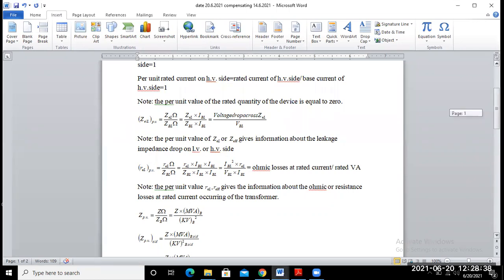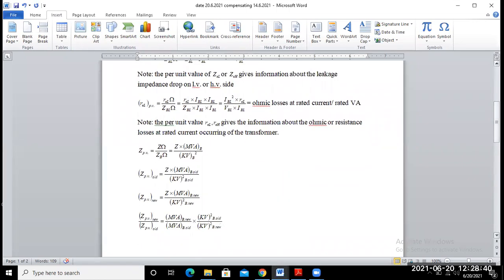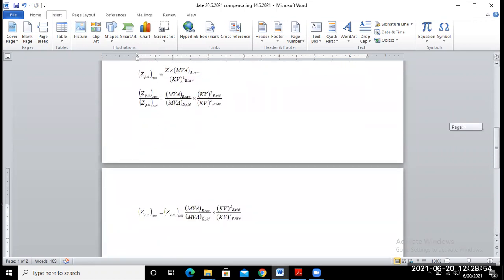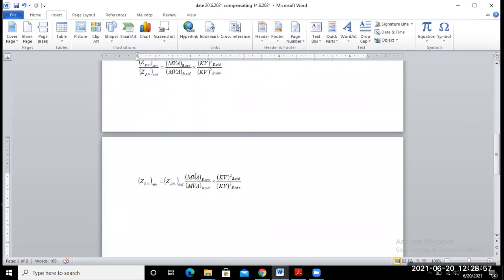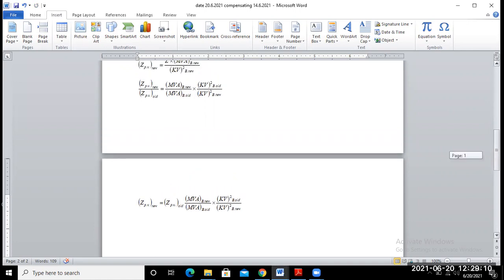That means per unit resistance, impedance, reactance either in LV side or HV side, or if some base value changes, then we can find the new impedance value that is equal to Z per unit old into MVA base new divided by MVA base old into kilovolt base old divided by kilovolt base new, whole square. So just try to solve some problems based on this.